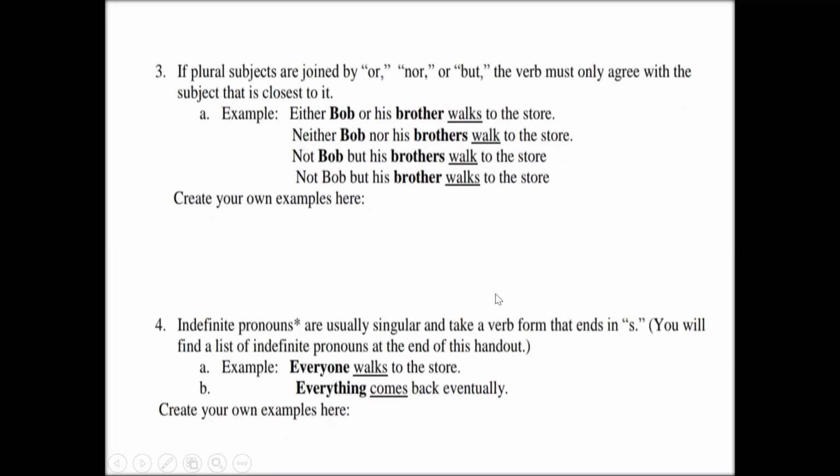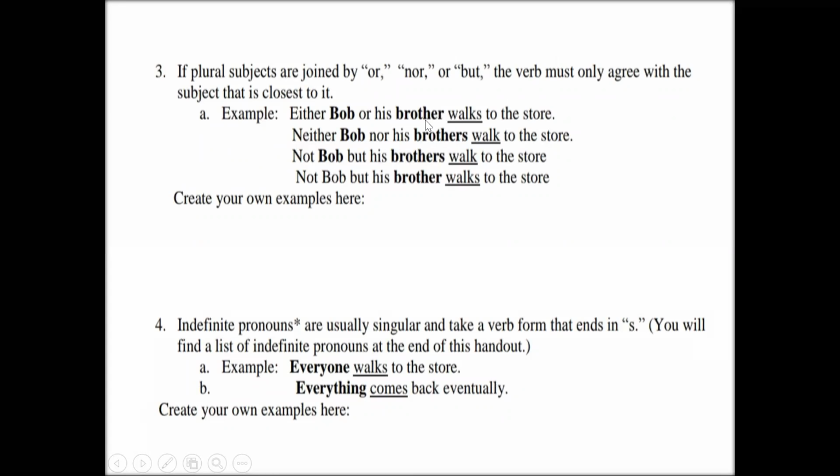Moving to the third one, whenever we have either or, neither nor, the conjunctions which come in pair, we will always consider the closest subject to the verb. The subject which is close to the verb. We will ignore the subject which is not close.